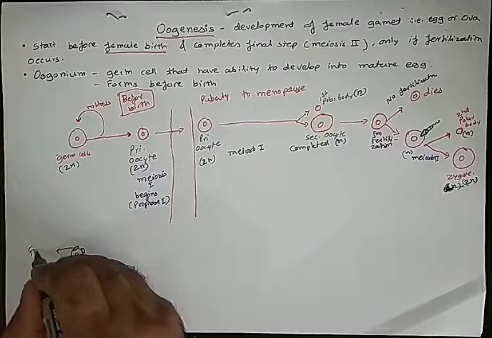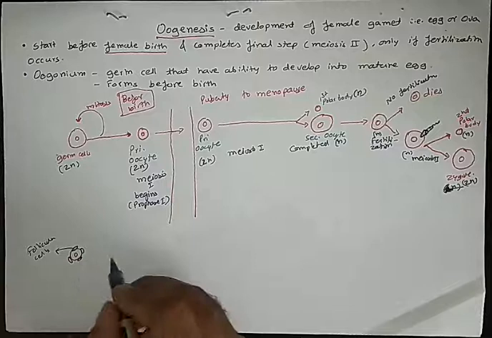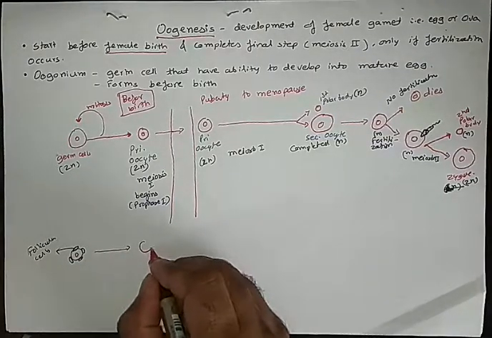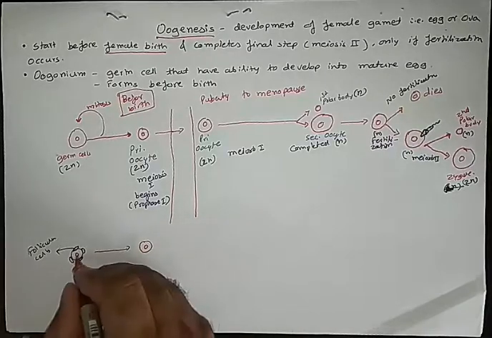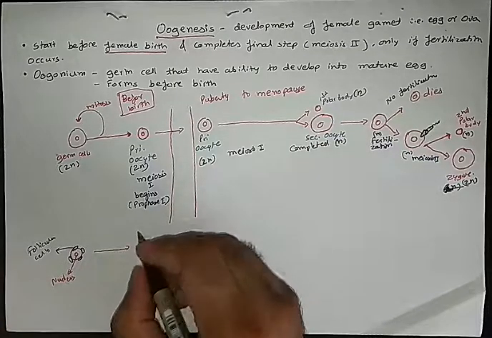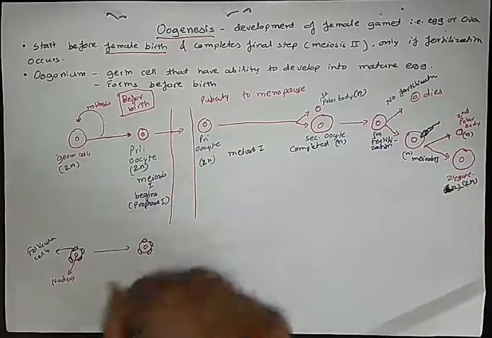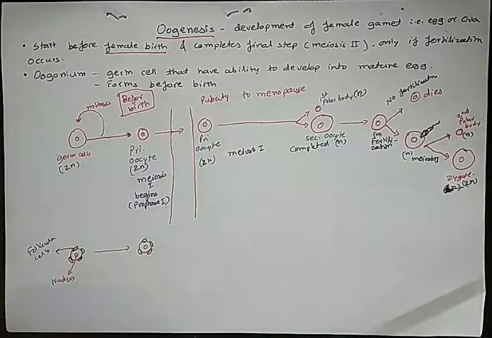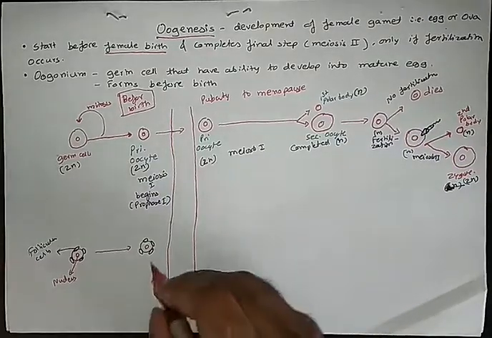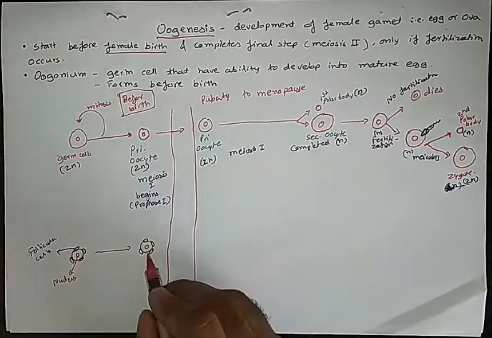The same structure remains, and this happens before birth. This is basically similar to the primary oocyte.